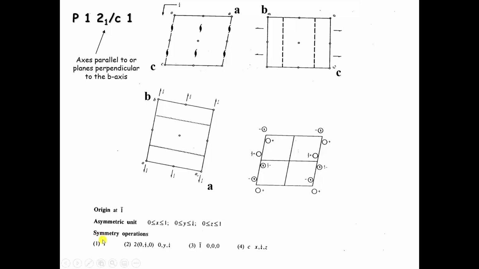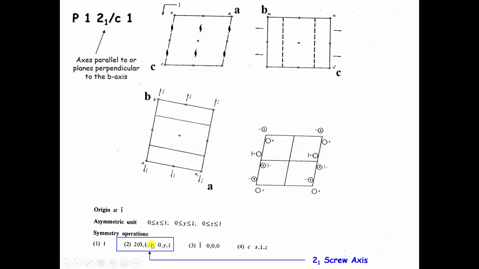Number 1 is just the identity. So, okay, that's got to be there for mathematical reasons, but otherwise we're not too worried about it. Symmetry operation number 2, that is our 2 sub 1 screw axis. How do I know that? Well, I see that I've got a 2, and that symbol means that there's a twofold rotation. And then the parentheses 0, 1/2, 0, that's a translation.